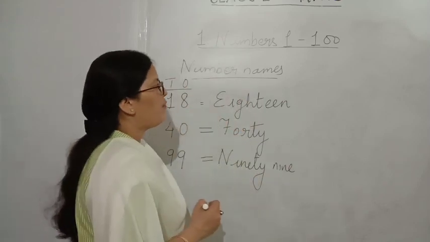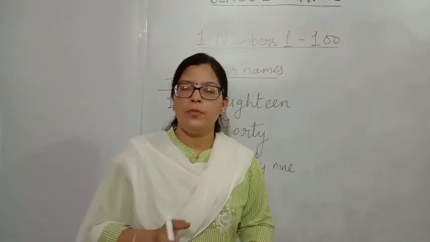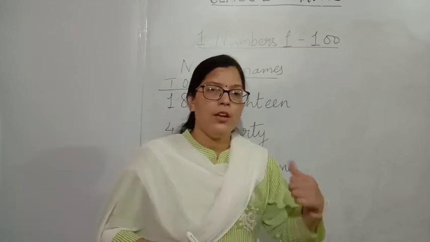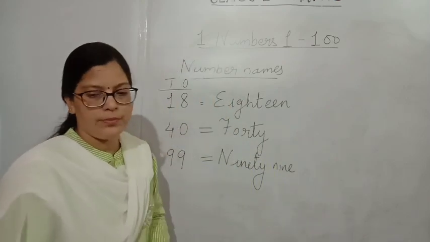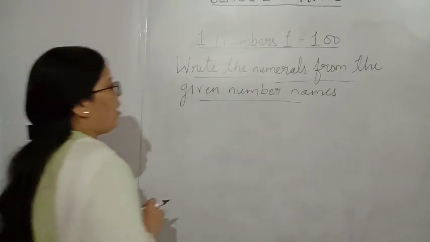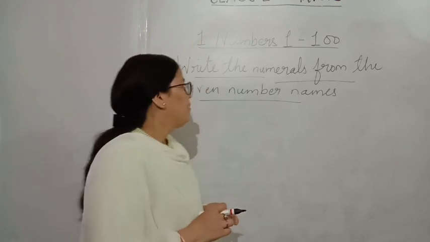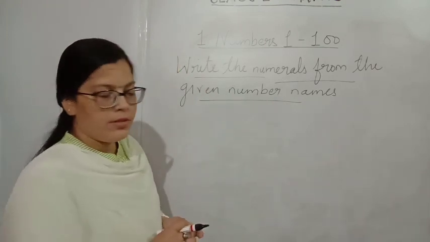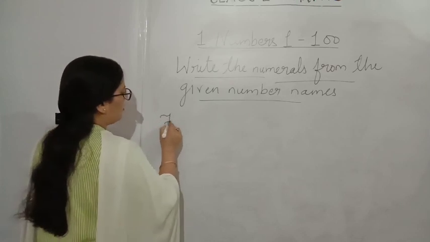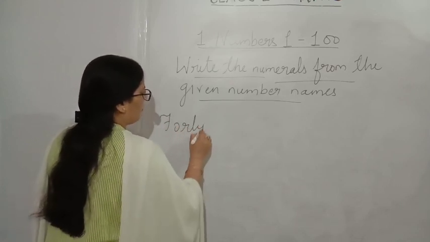Okay. Now we'll learn how to write numerals from number name. How to write the numbers when number names are given. Okay, now write the numerals from the given number names. Now let us take one number name. It is forty-three.